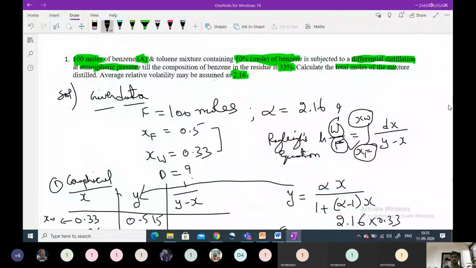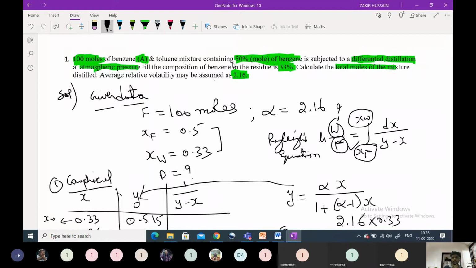The first problem in the last class is this one: 100 moles of a benzene and toluene mixture containing 50 mole percentage benzene. So the feed is 100 moles, containing benzene and toluene. A is benzene, which is the more volatile component according to our current terminology.